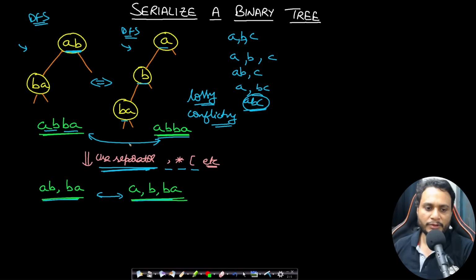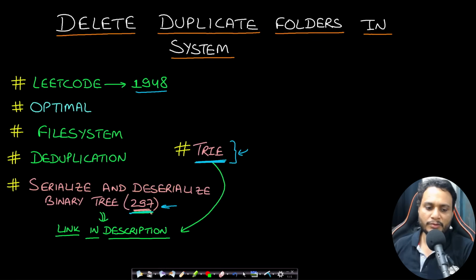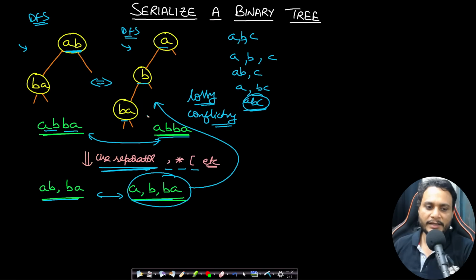In this problem, you will not need to deserialize. That means you will not be required to take this string and again get back the exact structure of the tree. And that is why we do not need any idea for deserialization. Otherwise, if you have seen 297, then for deserialization and getting the exact same structure of the tree, you should also maintain where are the null pointers.